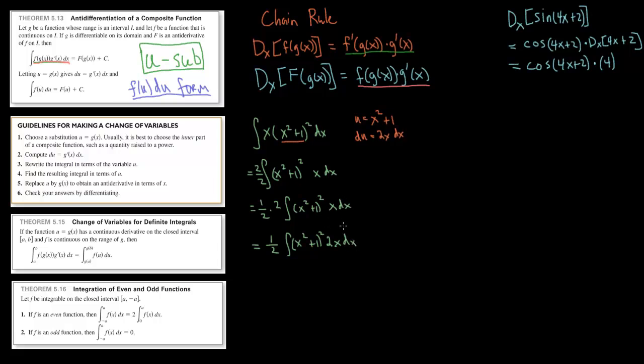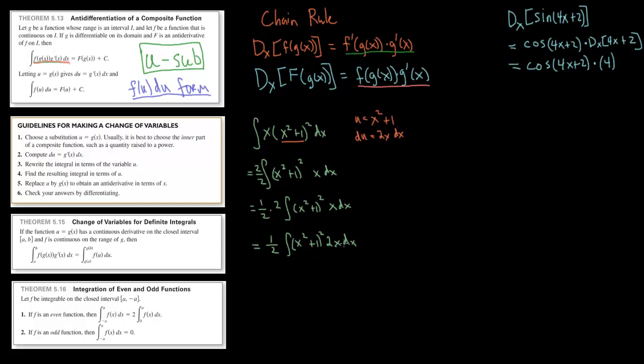And now what do we notice? We notice that we have a function, we'll call it g. We have g raised to the second power times the derivative of g.